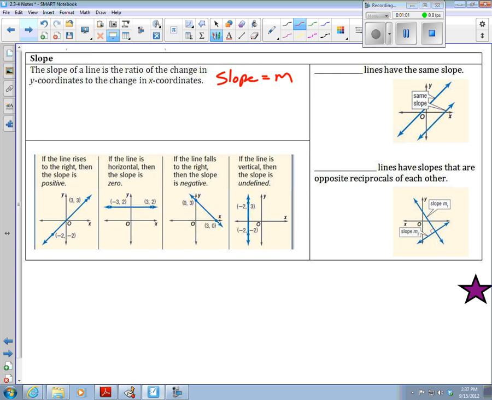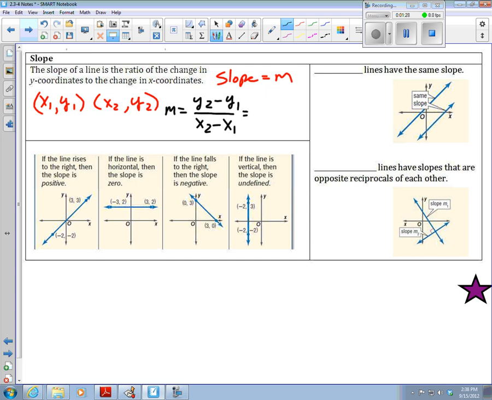The way we're going to find slope is this. Given two ordered pairs of points, x sub 1 and y sub 1, x sub 2 and y sub 2, one way you can find slope is this: m equals y sub 2 minus y sub 1 all over x sub 2 minus x sub 1.